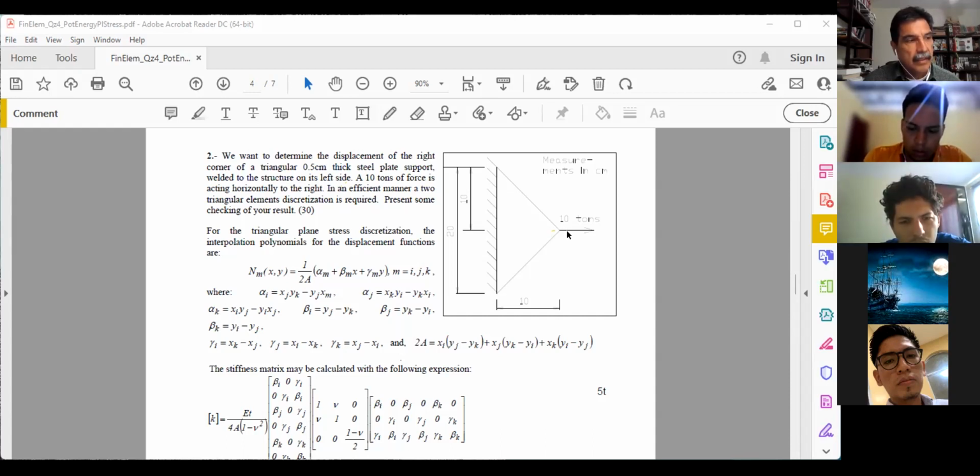Now I have the 3 values of gamma here. So I want you to calculate gamma for this point.